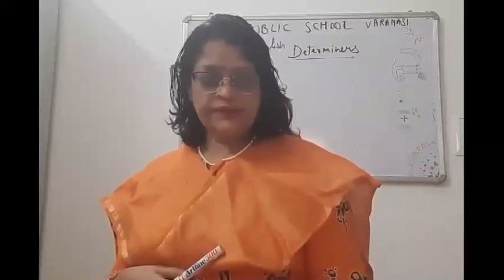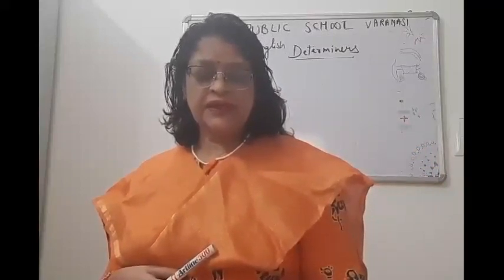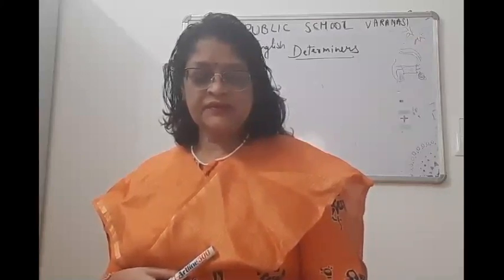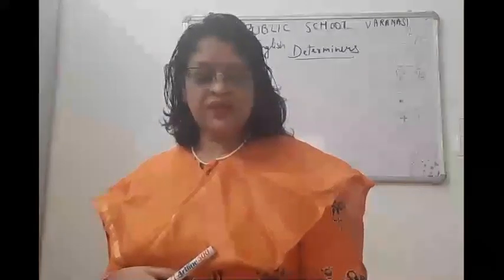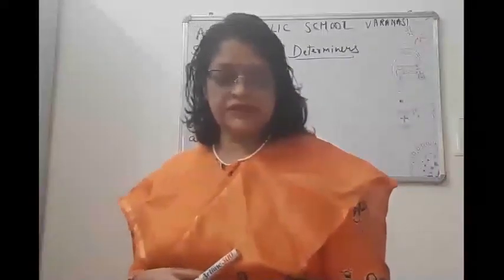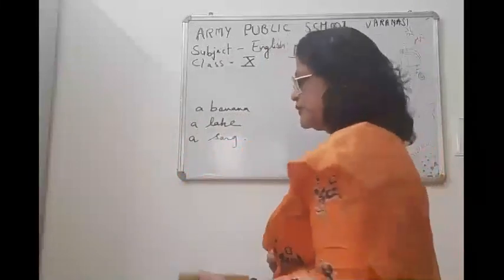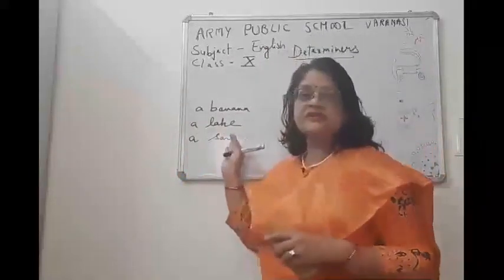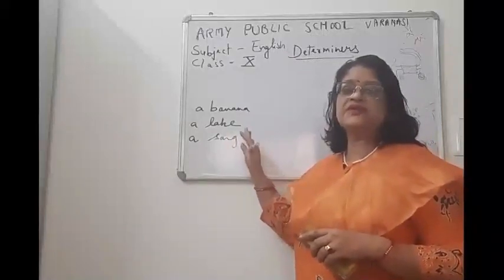So a is used with a consonant sound, and it is also used with a vowel letter which has a consonant sound. Try to understand, children, these are singular countable nouns, so we are using a.